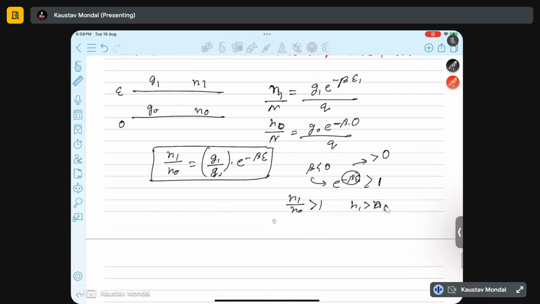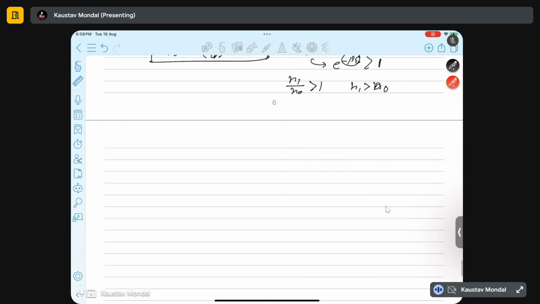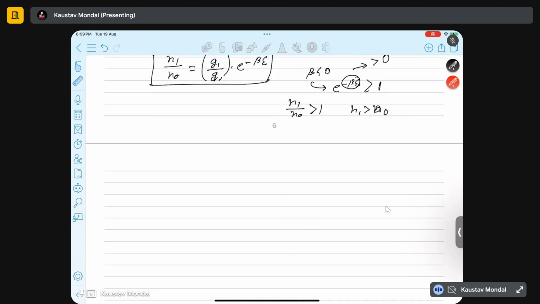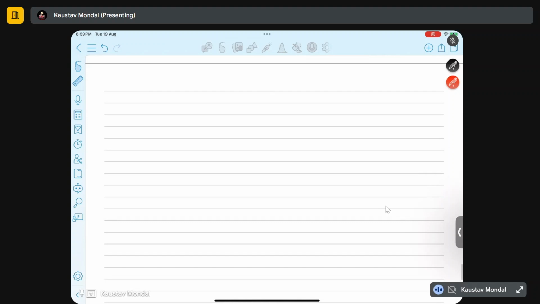Just how we talked about in our conceptual derivation also, right? It's only possible when the number of particles at the higher excited state exceeds the number of particles in the lower state, right? So let's take an example. For simplicity let's consider G0 is equal to G1, so both the states have the same degeneracy.